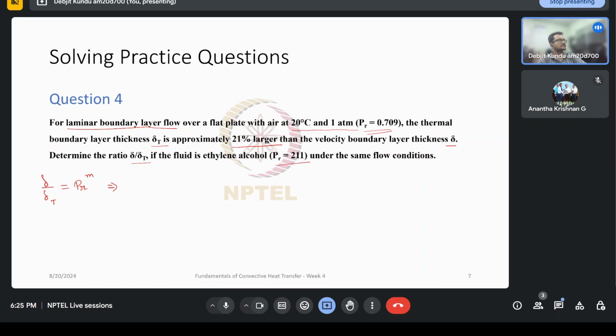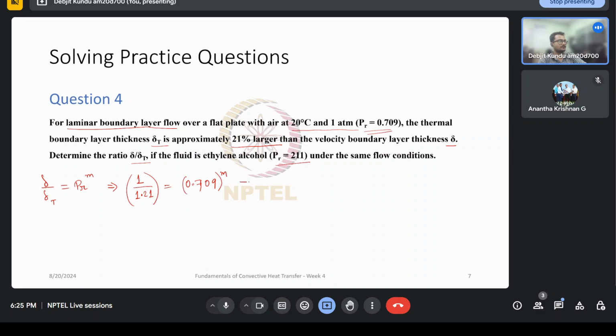So what is given is that in the first condition, delta T is 21% larger. So if I say that delta is 1, then my delta T is 1.21. So 1 over 1.21, this is the first case, is equal to the Prandtl number, which is also given, that is 0.709, to the power m.